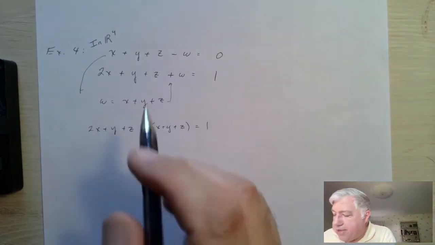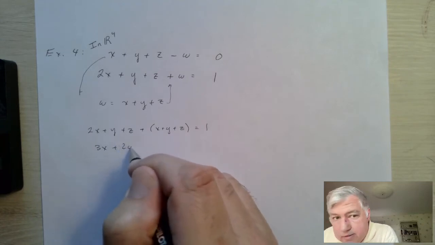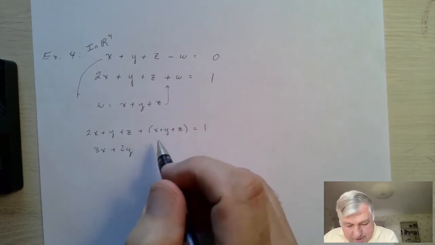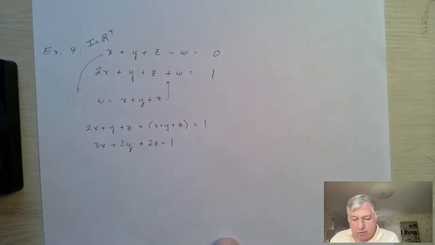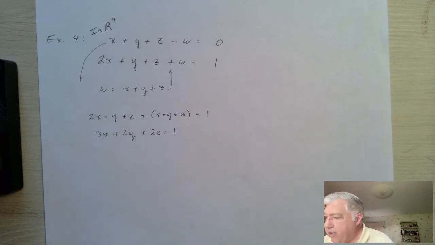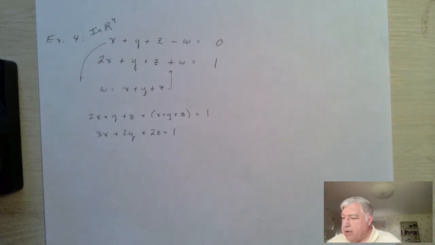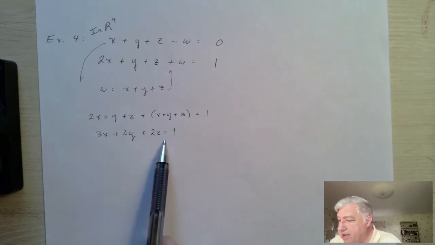If we add this together, we get 3x plus 2y plus 2z equals 1. All right. Well, what can we do with this now? We have a relation now between x, y, and z.